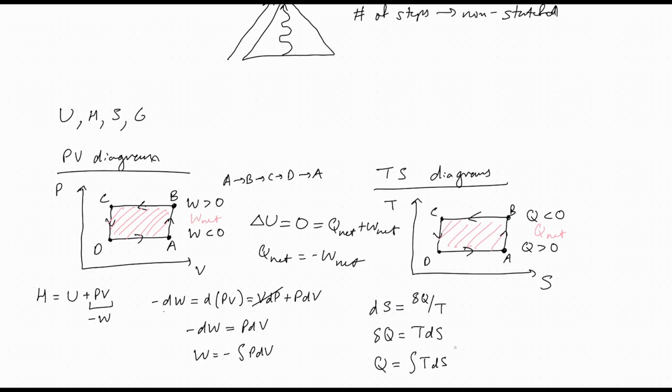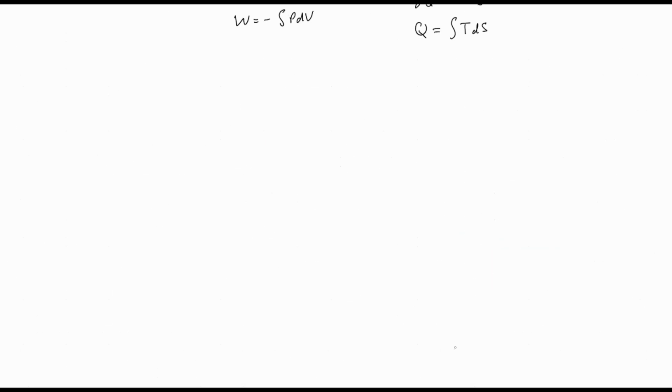So with that, let me actually introduce one of our first thermodynamic cycles here, the Carnot cycle. I won't go too much in depth on this one. I think it is helpful to maybe make a separate video about it, but I'm just going to briefly introduce this concept with the TS diagram here. So let's talk about the Carnot cycle.